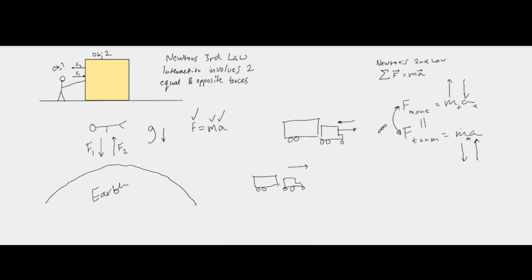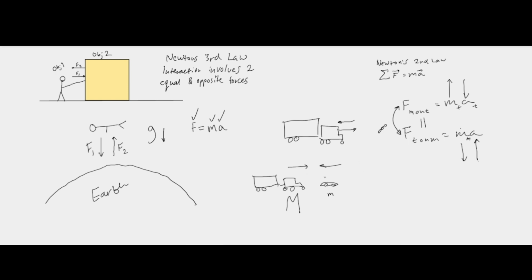So even if you have a truck going one direction and the car going the other direction, and the forces of the collision are the same, because the car has such tiny mass compared to the big mass of the truck, well then the car is going to accelerate so much more than the truck. The truck will barely feel it. It'll barely accelerate at all compared to the car.